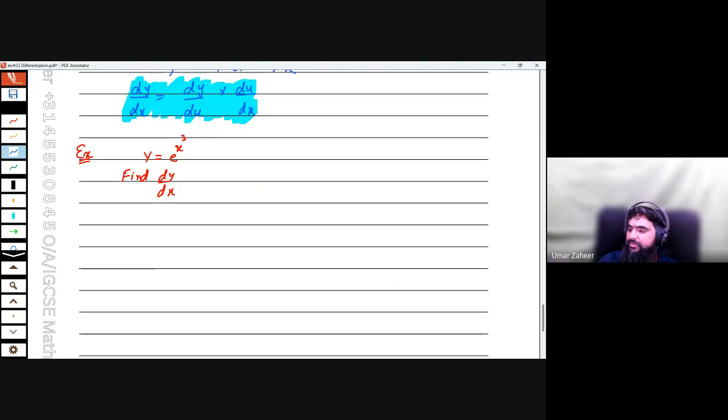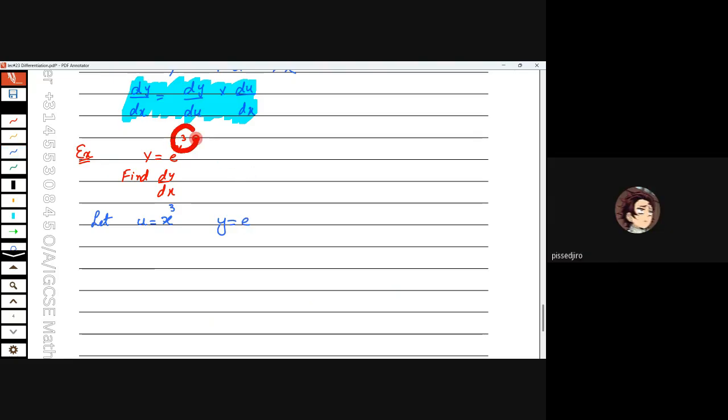So here we are just going to assume, let us take any function, u is equal to x cubed. When I take this value equal to a variable, let's say u, then your y will become e raised to power u.